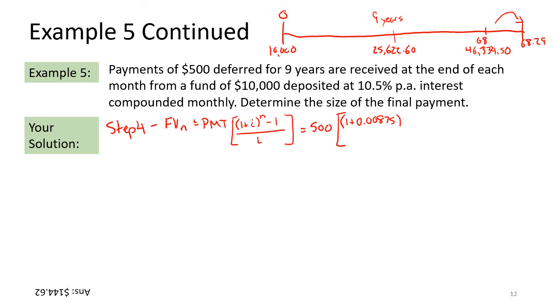So that's the exponent 68, because we're going 68 payment periods into the future, minus 1, divided by our periodic rate of interest, 0.00875.